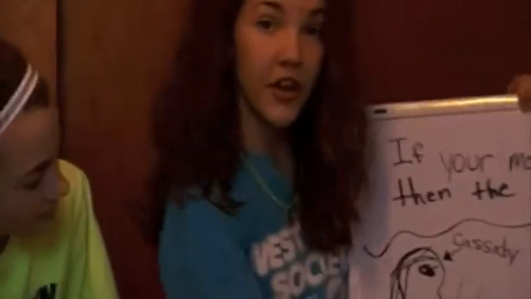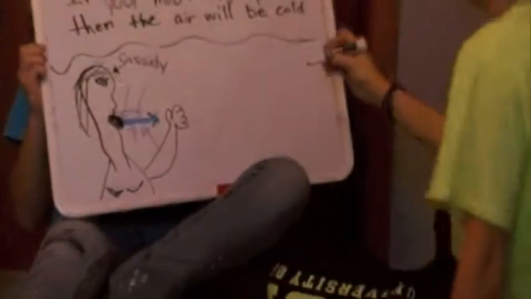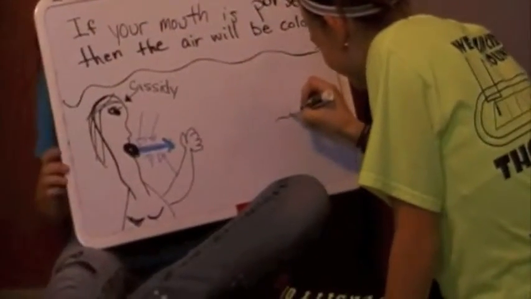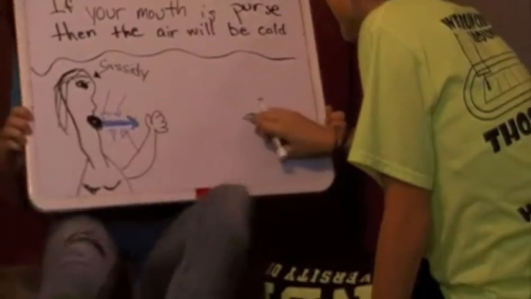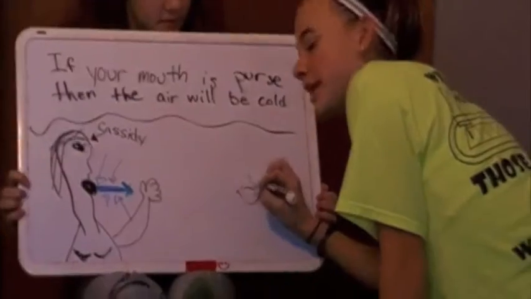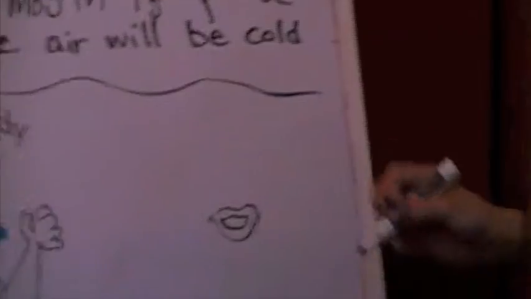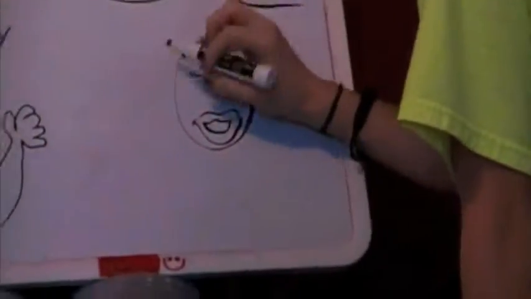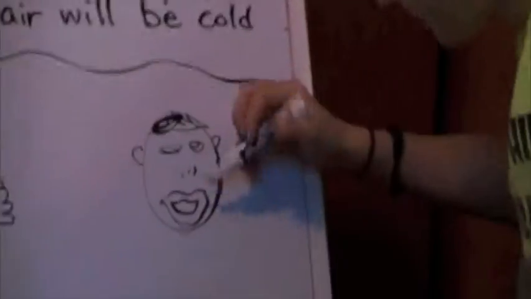So now I'll draw another picture over here, which is the non-pursed lips. Or Shade can draw it, I don't care. Shade will draw. Now who is this gonna be, Shade? Let's have it be Jason. Okay, well, that's why it has big lips. Oh god. He looks really bad. His eyes look demented.